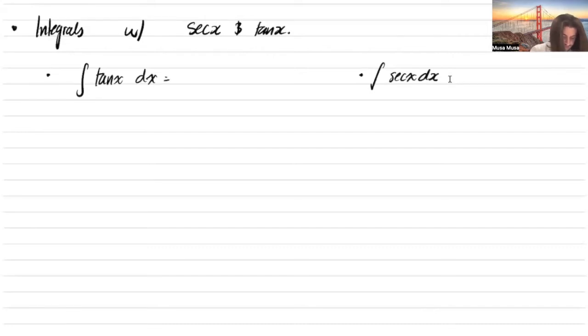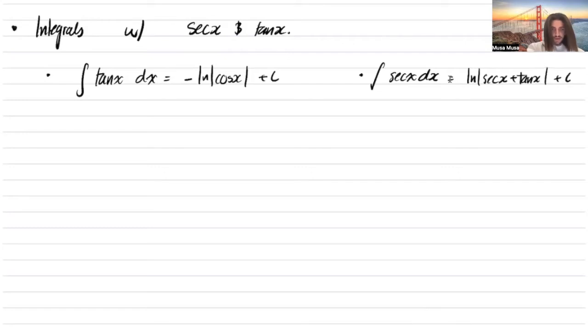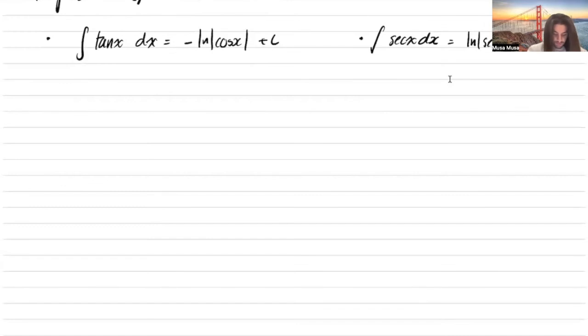Now we have previously discussed that the integral of tan x simply is just minus ln of the absolute of cos x plus c, and then we have discussed that this is just ln of sec x plus tan x and plus c, like that. Okay, perfect. We know those ones.